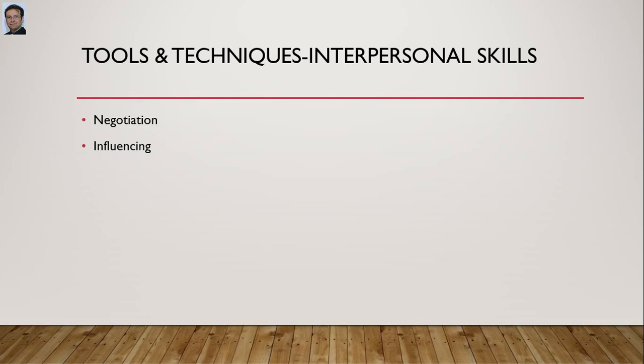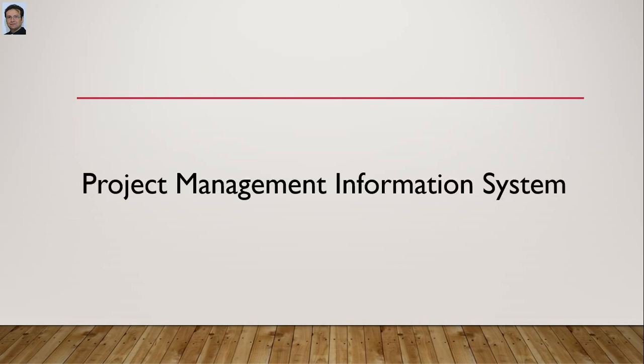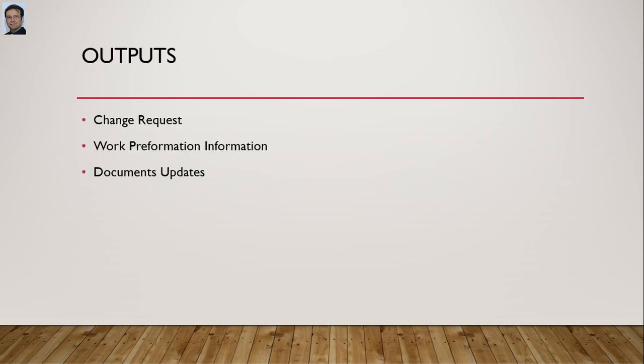And influencing can help the project manager solve problems and obtain the resources needed in a timely manner. Next is the project management information system, which includes resource management or scheduling software that can be used to monitor the resource utilization, which helps ensure that the right resources are working on the right activities at the right time and place. In outputs, we have change requests.